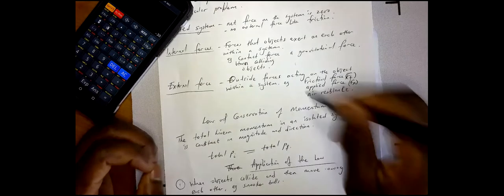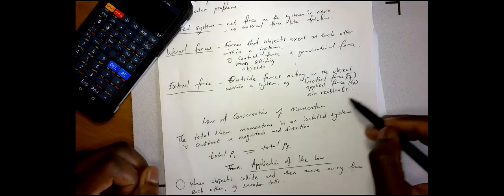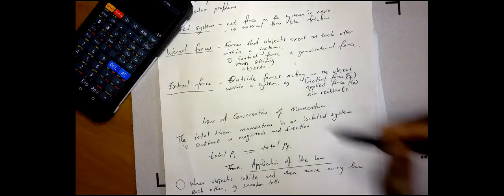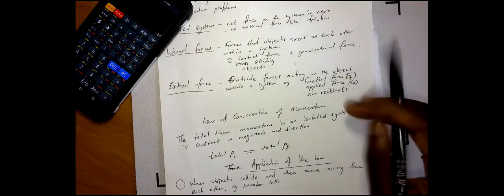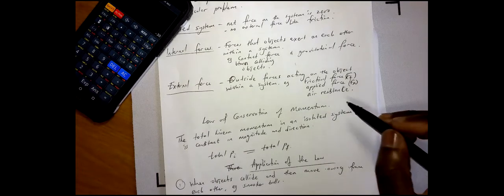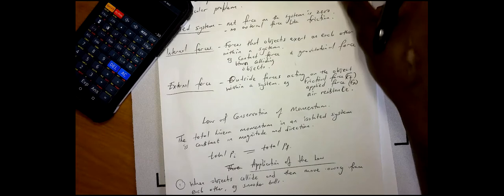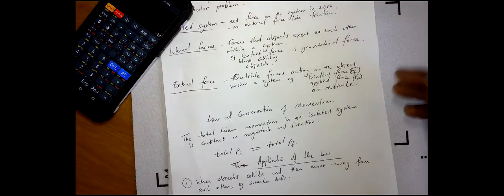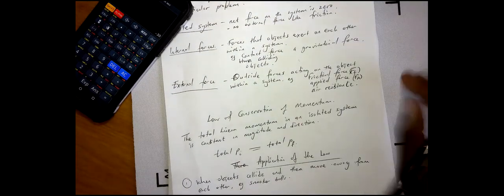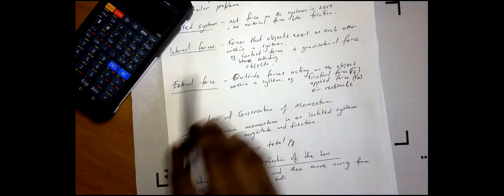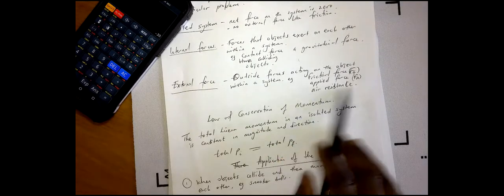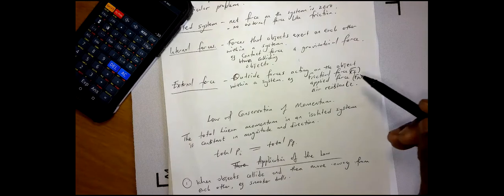In the absence of air resistance and other forces, they will reach the ground at the same time. So here air resistance is also another external force. So external force also includes air resistance.